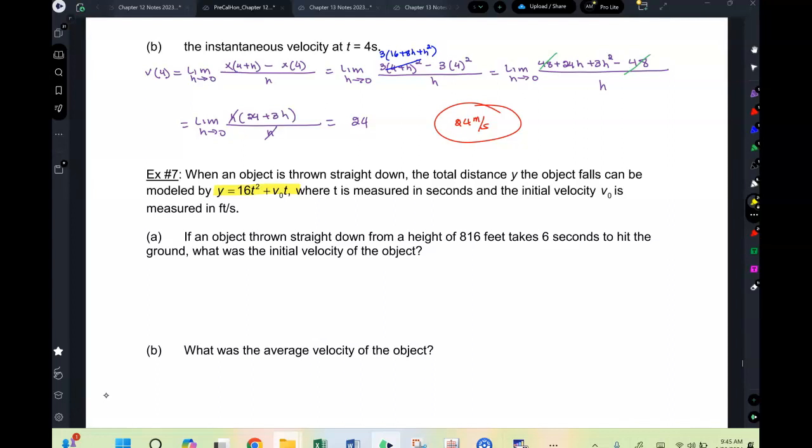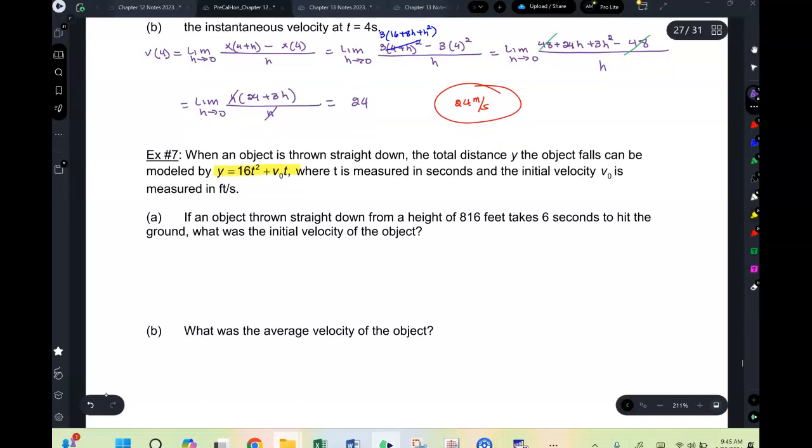Okay, so let's go ahead and do this. y is equal to 16t squared plus v naught t. We want the initial velocity of the object.